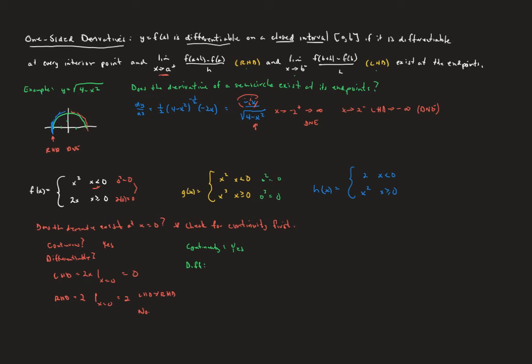And so we're going to take that left-hand derivative, which is going to be 2x, evaluate that at 0, and it is equal to 0. So we check the right-hand derivative, which is 3x squared, and evaluate that at 0. It is also 0. So the derivative does exist. So I'll say differentiability, and the answer to that is yes. So it is both continuous and differentiable.